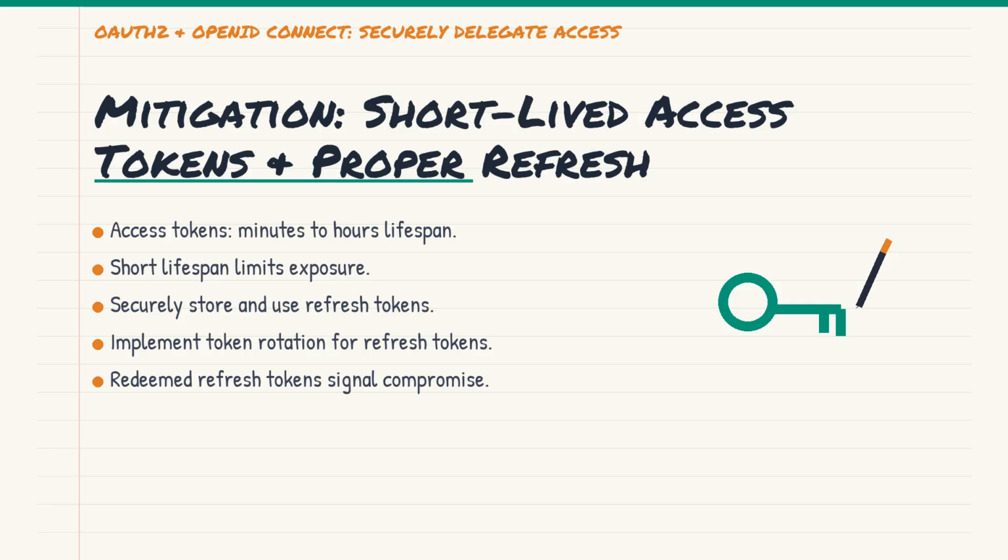Upon successful use, the authorization server should issue both a new access token and a new refresh token. This is called token rotation. This invalidates the old refresh token, meaning if it was compromised, it can't be used again after it's been used once. If a refresh token is used that has already been redeemed, it's a strong indicator of compromise.